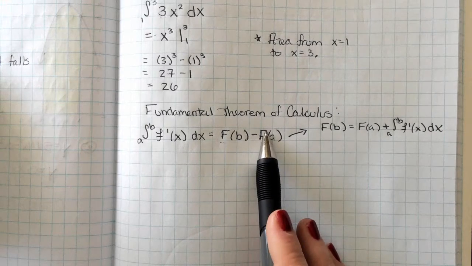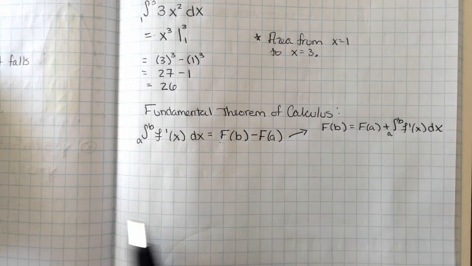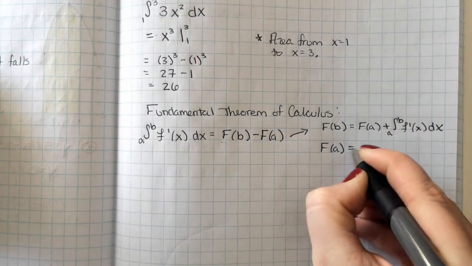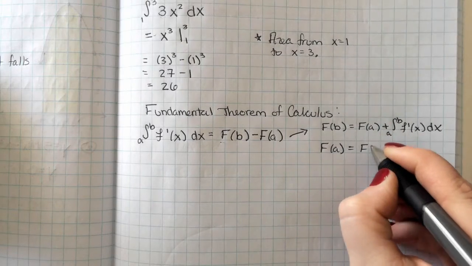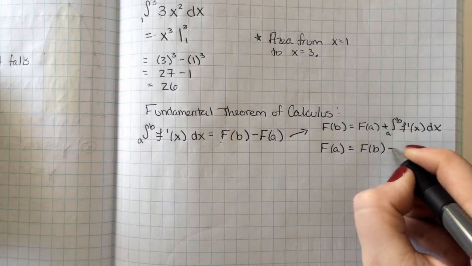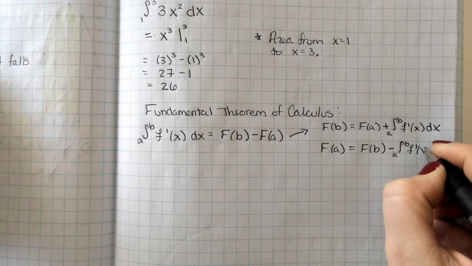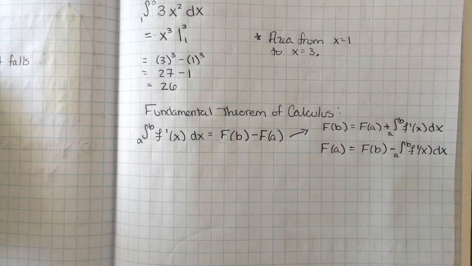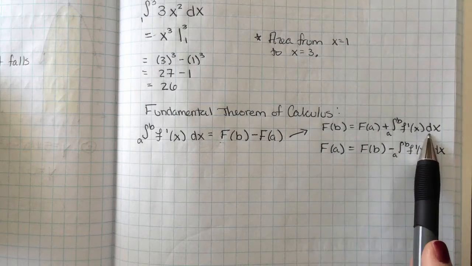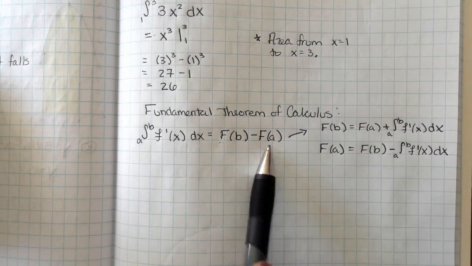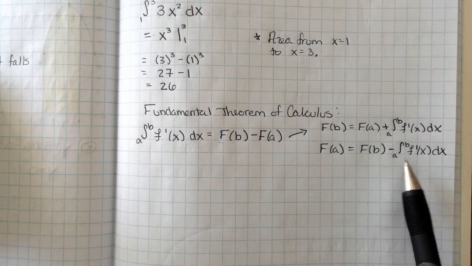So what would you have to do to everything? Divide by negative 1. So F of a would really turn into a positive F of b minus the integral from a to b of F prime of x dx. The top one's easier to understand, but the bottom one is because I subtract and divide by a negative, which is why I get a positive, and then you're subtracting your integral.